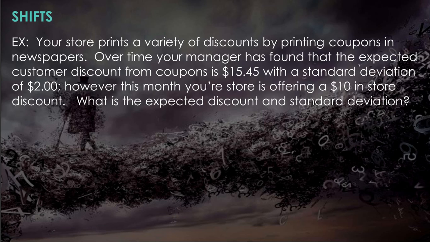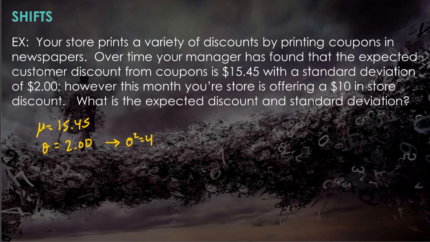So here's our expected value, or our mean, of $15.45 with a standard deviation of 2. And I'm just going to note, if I have a standard deviation of 2, that means my variance is 4. However, this month your store is offering a $10 in-store discount. What is the expected discount and standard deviation?